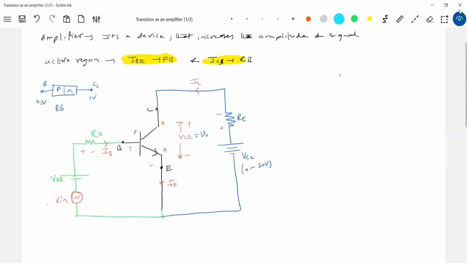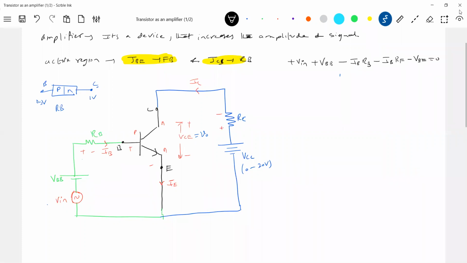Plus V in plus VBB minus IBRB minus IBRF minus VB equal to 0.